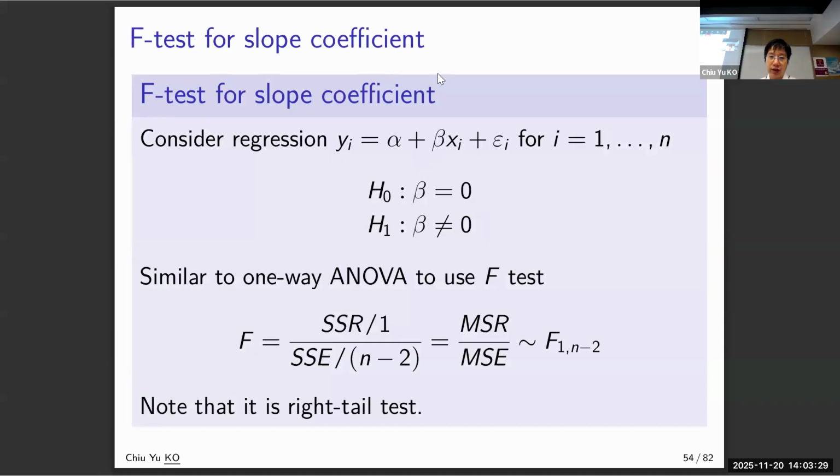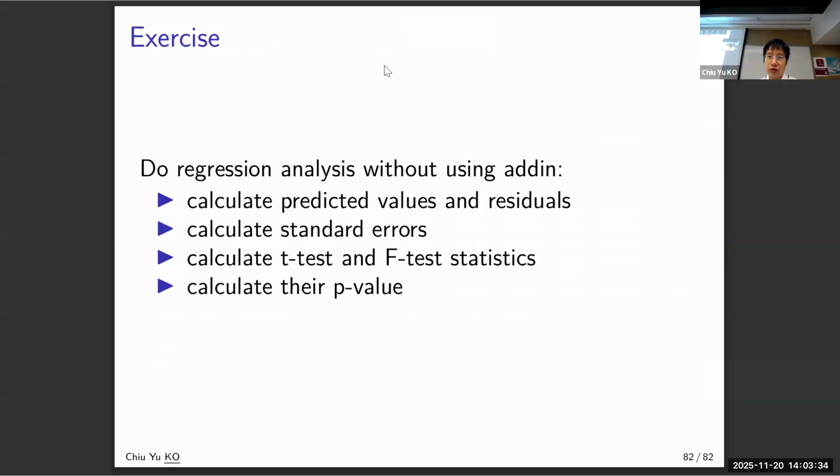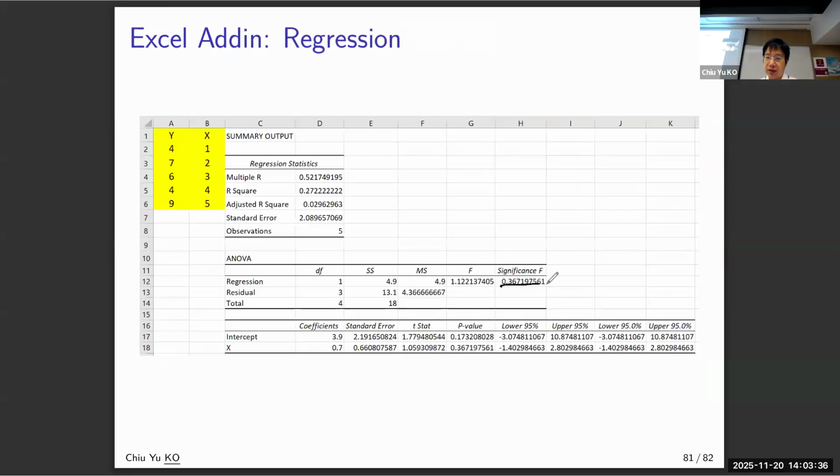And also, if you look at the Excel, you will see this p-value exactly same as this p-value. Same thing. Because why? They are both testing whether beta equals 0 or not. Okay. One is a t-test, one is an f-test.